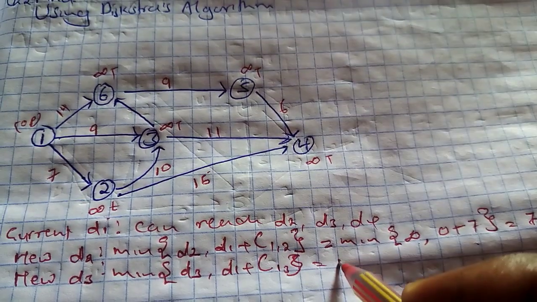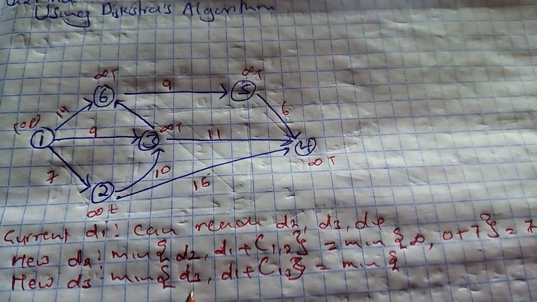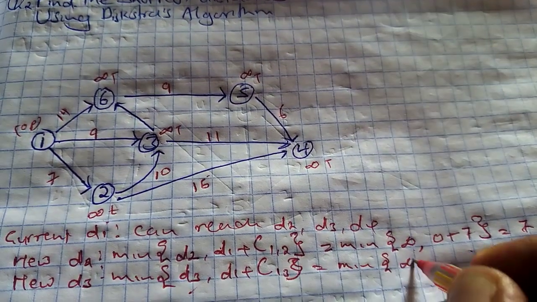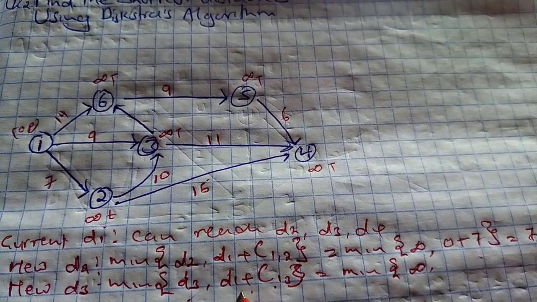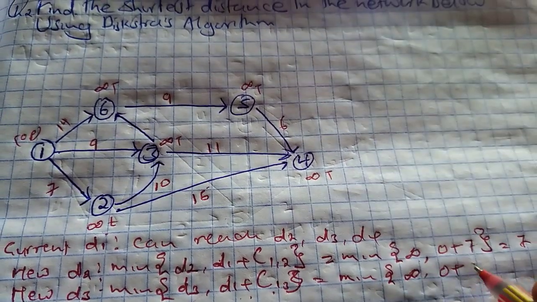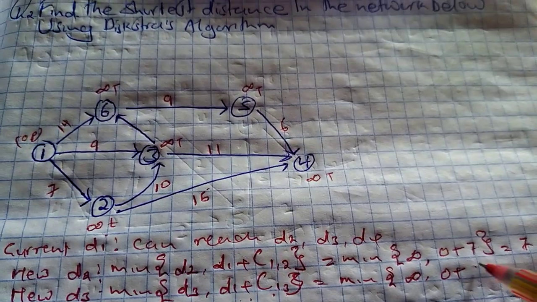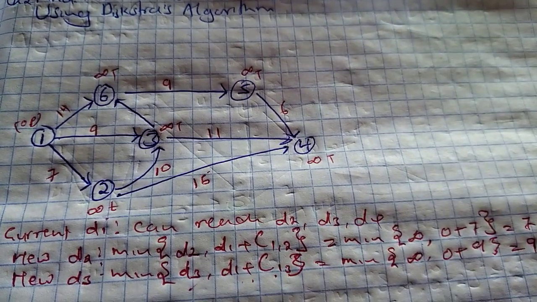What is D3? D3 here is infinity. D1 is 0 plus the weight here, which is 9. So the minimum becomes 9.